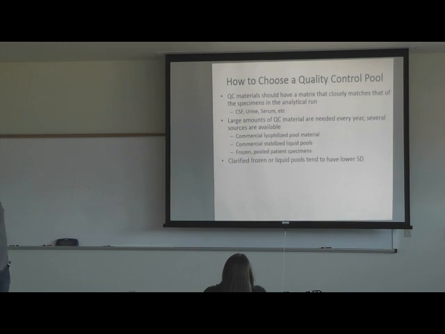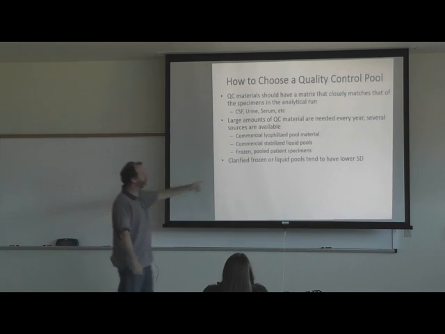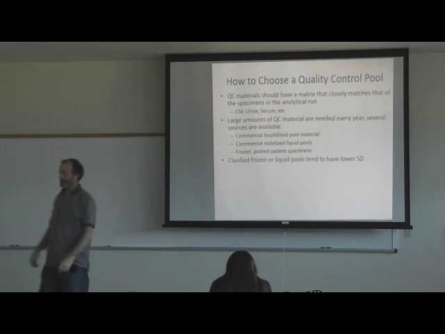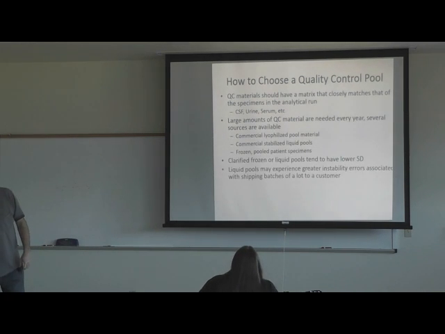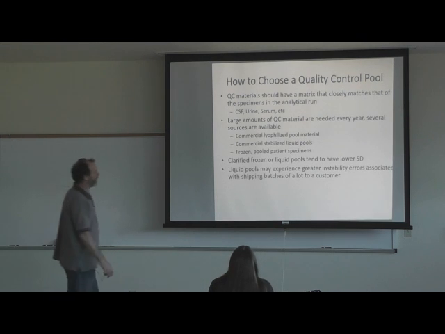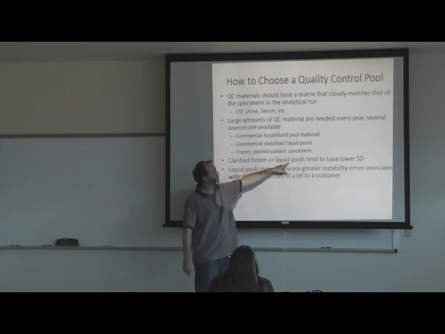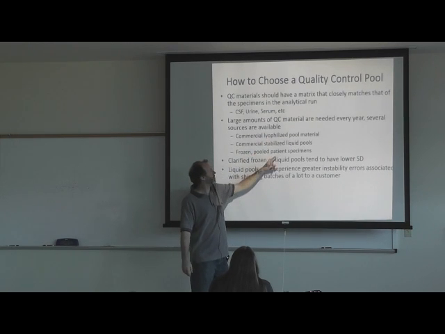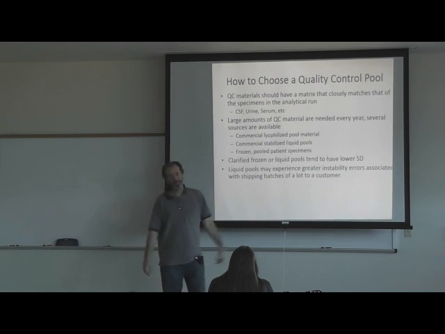So clarified, frozen, or liquid pools tend to have lower standard deviations. Okay? Why is that? Why would clarified, frozen, liquid pools have lower standard deviations than lyophilized pool material? What are you adding to this lyophilized pool material that you shouldn't get from the clarified, frozen, or liquid pools?